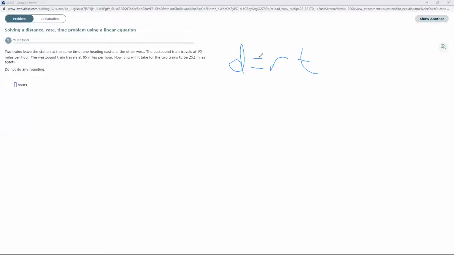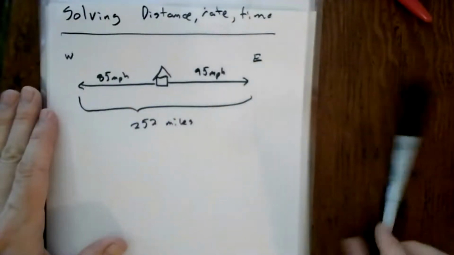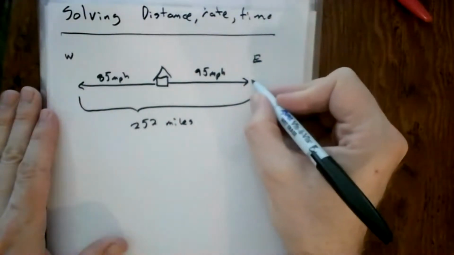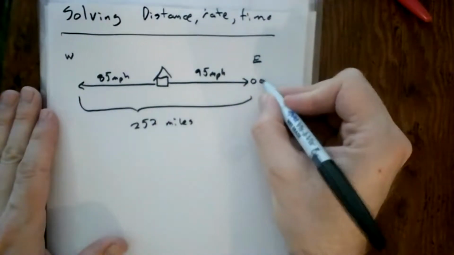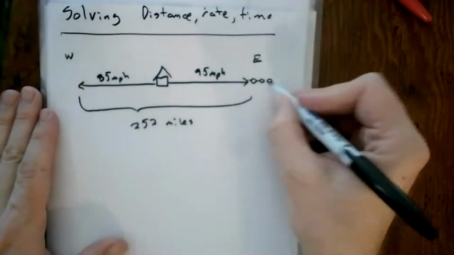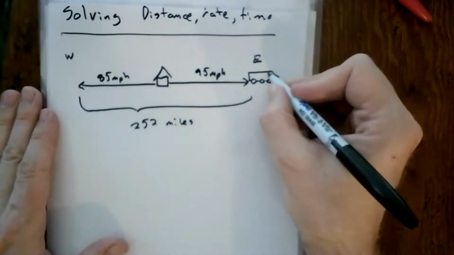So now I'm going to switch over to this. Our question is how long does it take to have 252 miles between our two trains?